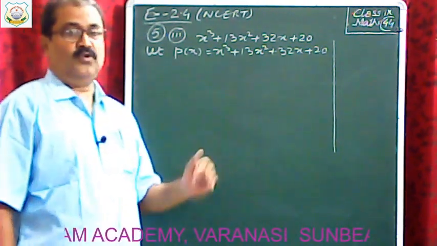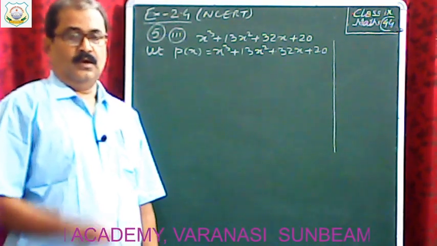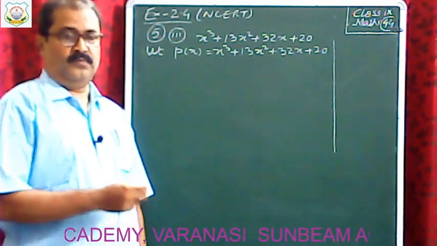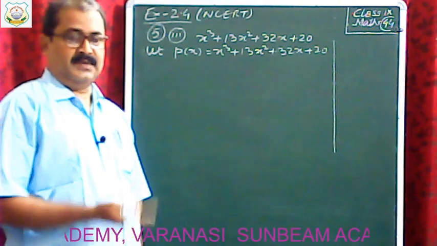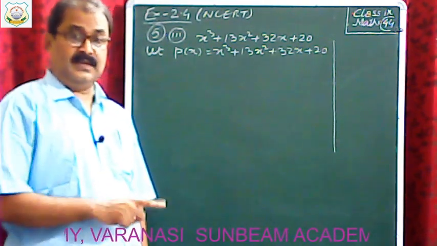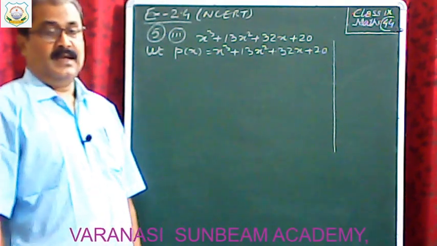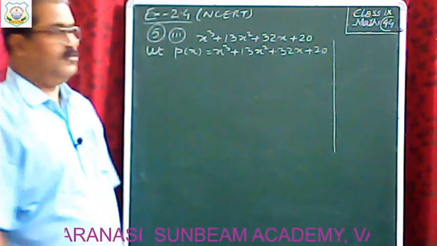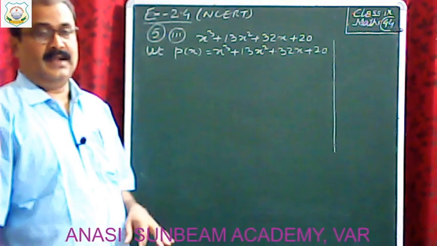You have to put a value of x such that after calculation and simplification the value of the entire polynomial is 0, then that value of x is known as the zero of the polynomial. That value you have to find out by the hit and trial method.